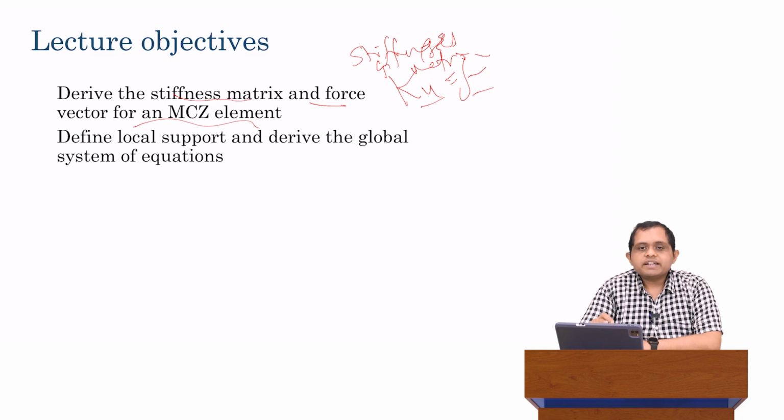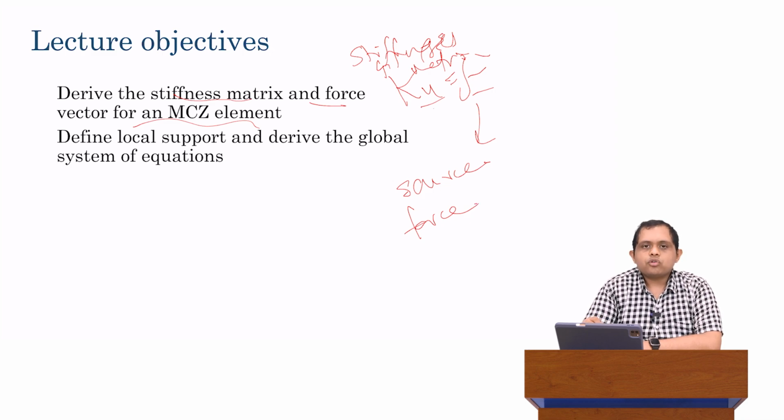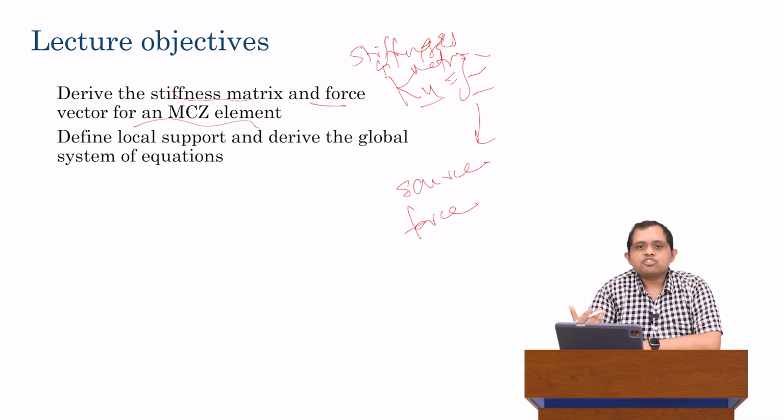The stiffness matrix contains all the physics. So it is a discretized form of all the physics of the problem. F is a vector which generally we call the source vector. But in some applications, particularly in structural engineering, we may also call it the force vector. The source or force vector contains all the information about the external load which is being applied.